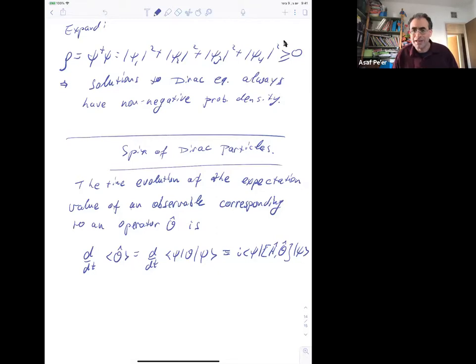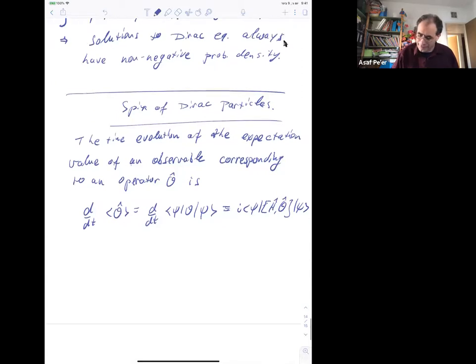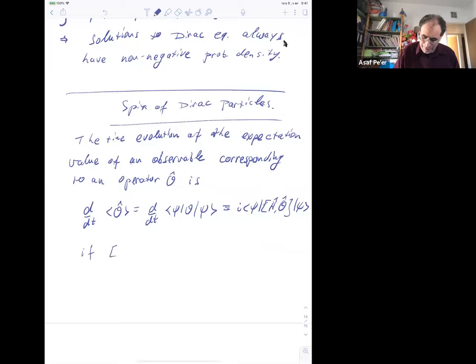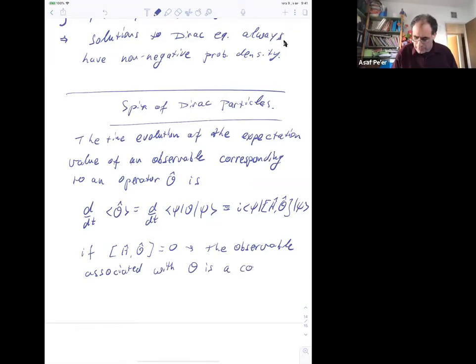That's what's written here. It's not changing in time. If the commutator with H is equal to 0, then the observable associated with O is a constant of motion, because its time derivative is 0.